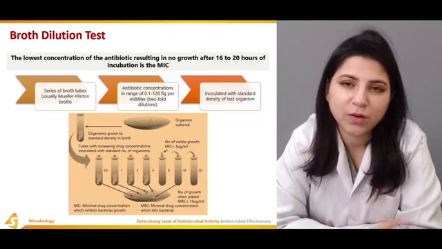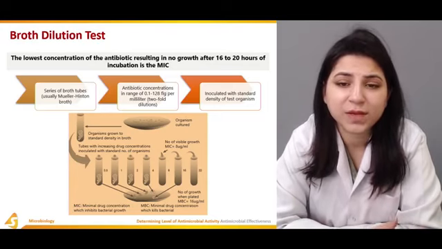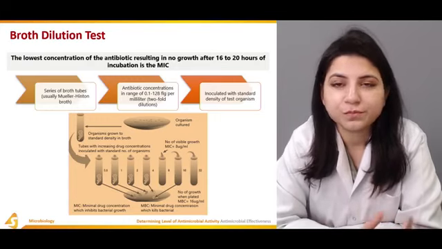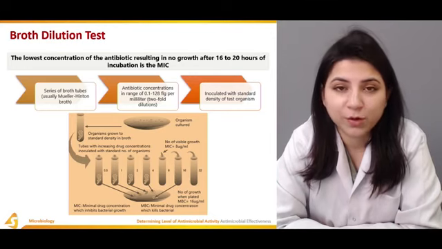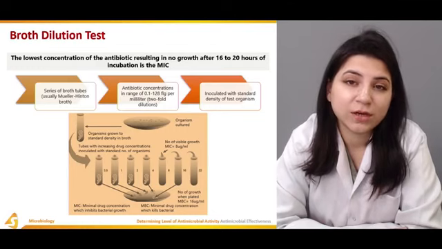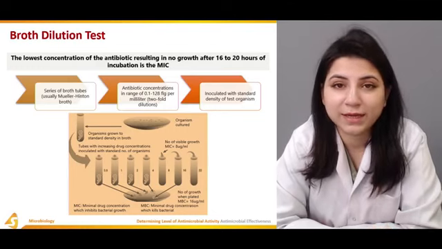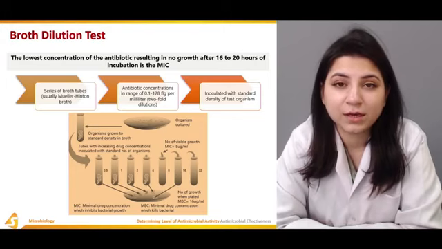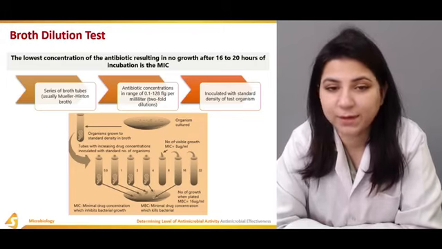So whenever we are talking about an MIC, it means that we have given sufficient time, 16 to 20 hours, for the antibiotic to stop the growth of the microbes, because you can't apply the antibiotic and expect complete killing of bacteria right away.